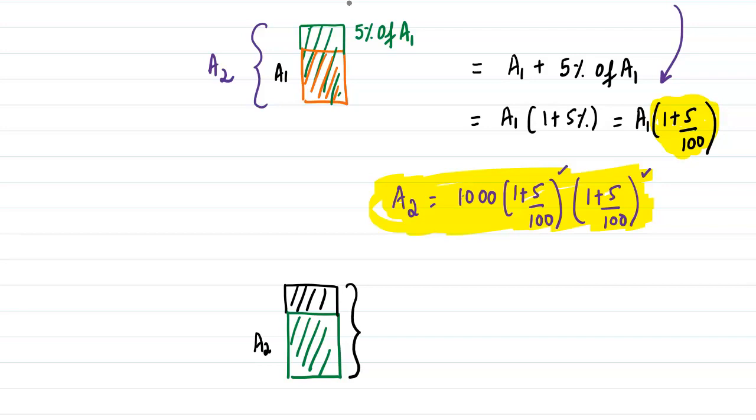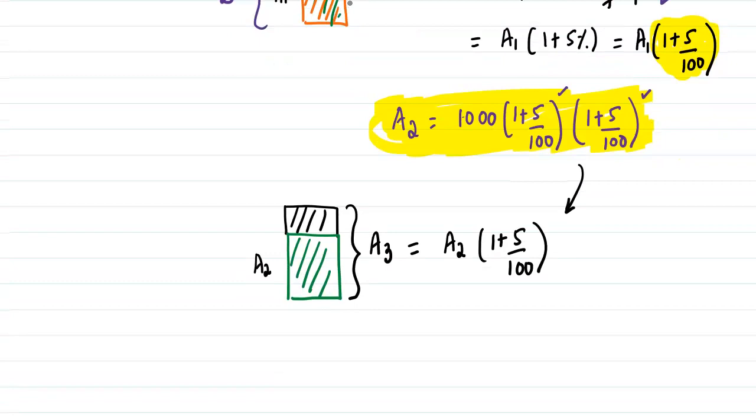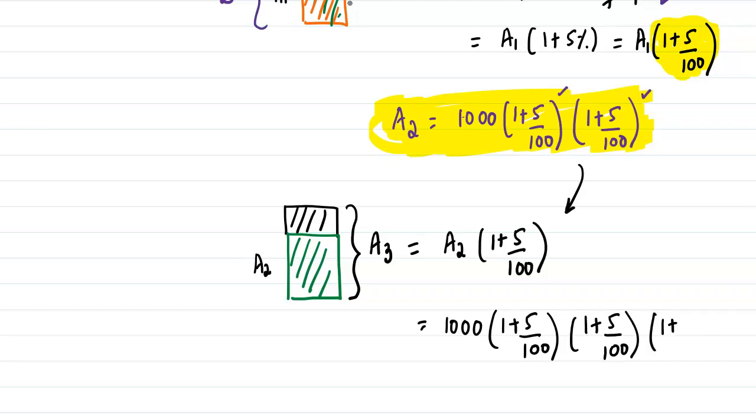So A3, the amount after the third year, is going to be A2 times 1 plus 5 by 100. Now let's substitute the value of A2 and see what we get. We get 1000 times 1 plus 5 by 100 times 1 plus 5 by 100 times 1 plus 5 by 100.